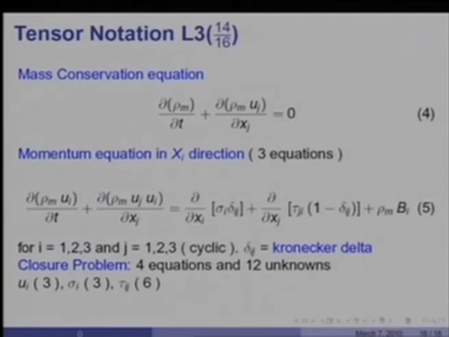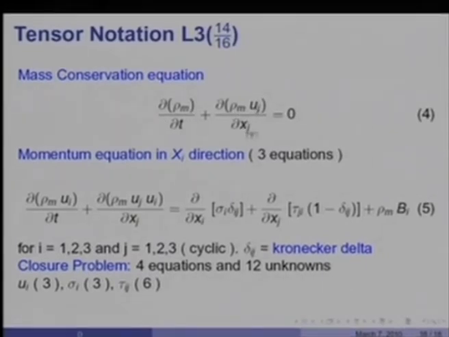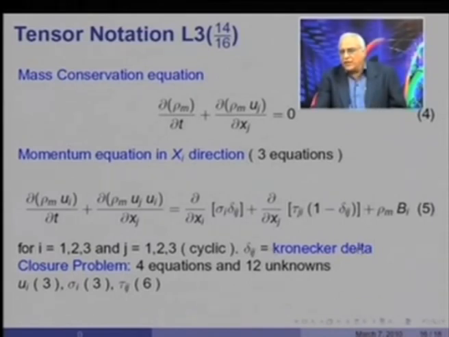You will notice that if you write down the 3 equations together, they can be represented in tensor notation. So, for example, the law of conservation of mass can be written as d rho m by dt plus d rho m uj by dxj equal to 0, where j goes from 1, 2, 3 in cyclic order. Momentum equations in direction xi can be written as d rho m ui by dt plus d by dxj of rho m uj ui plus d by dxi of sigma i delta ij, where delta ij is the canonical delta.